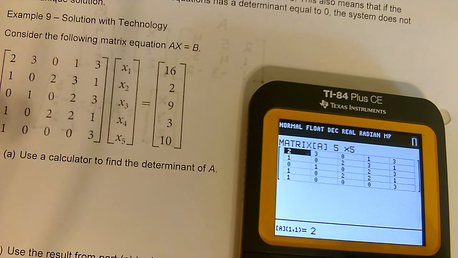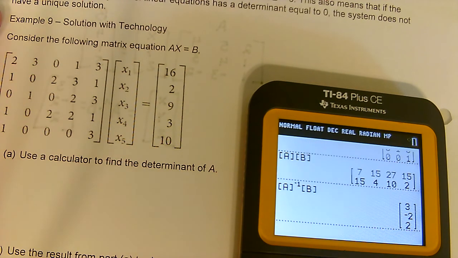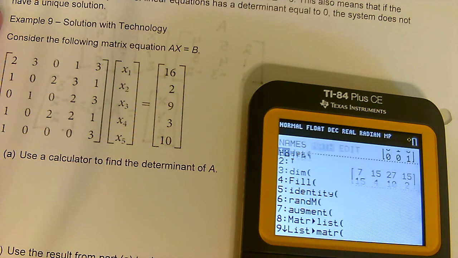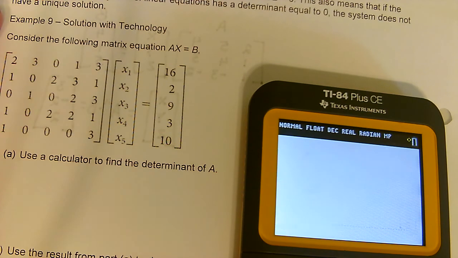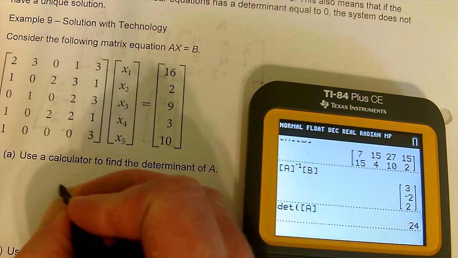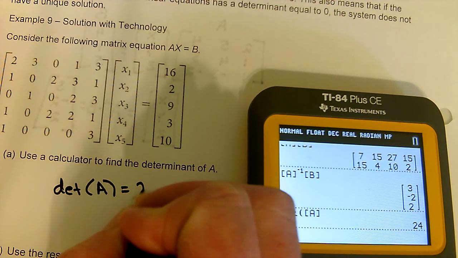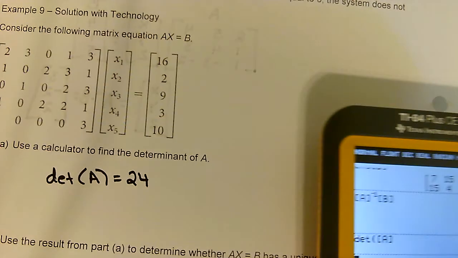So I can find the determinant of this matrix, and that's under the math menu, and it's the very first option. And it gives me a 24. So the determinant of A is 24.